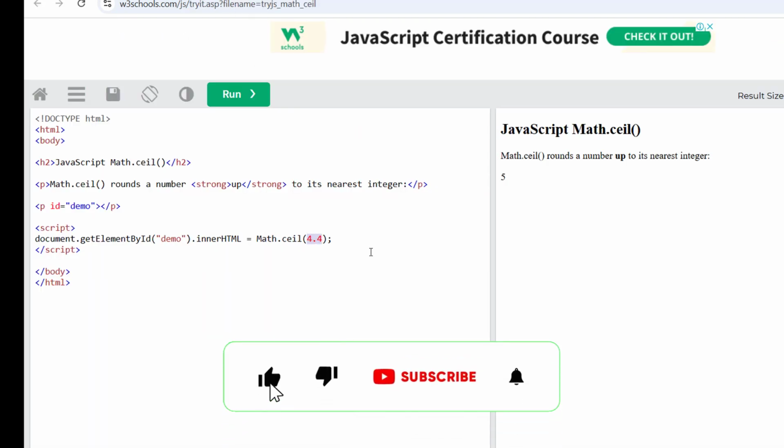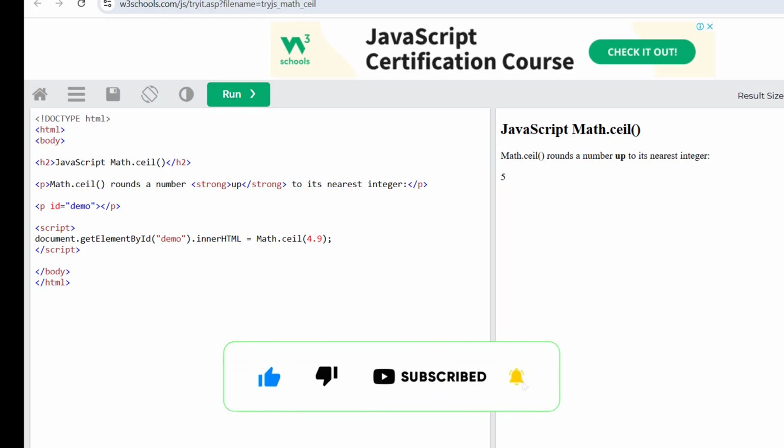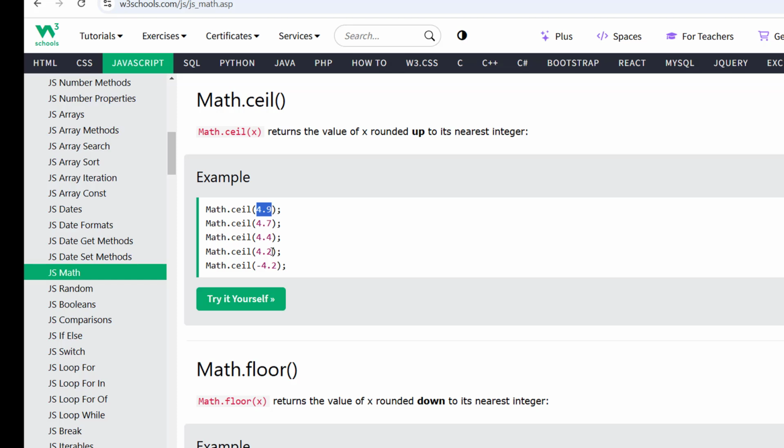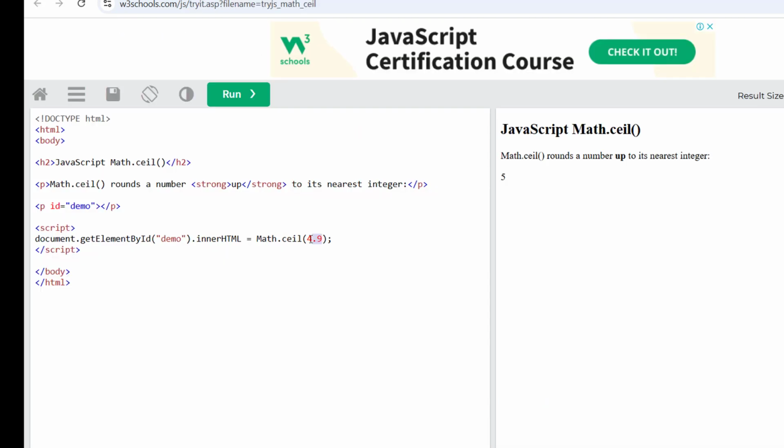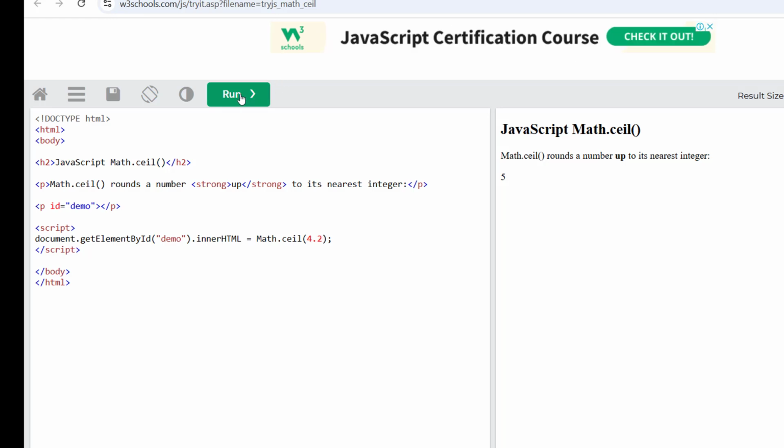So 4.95. Okay, I am giving less, 4.2. Always upwards. But if I use round, it will become 4 because the .2 is below 5.